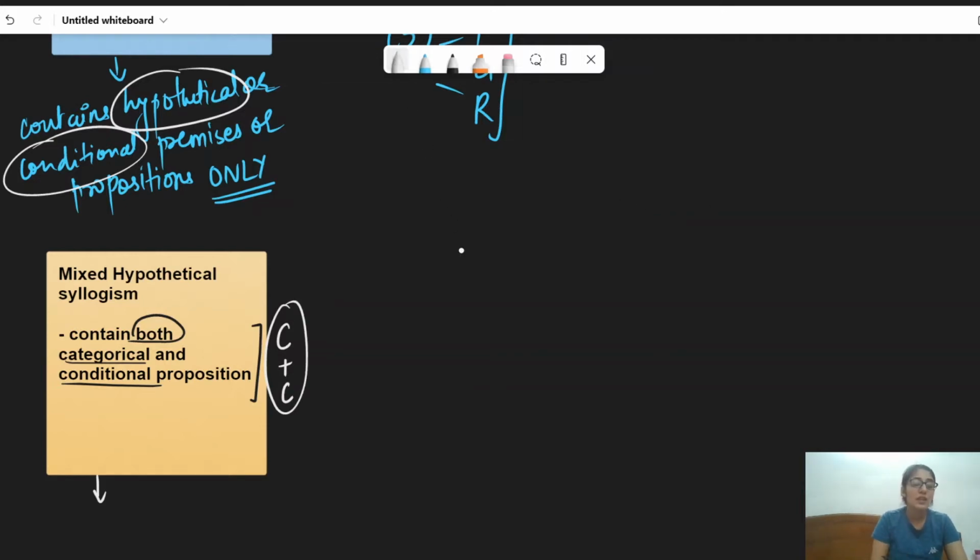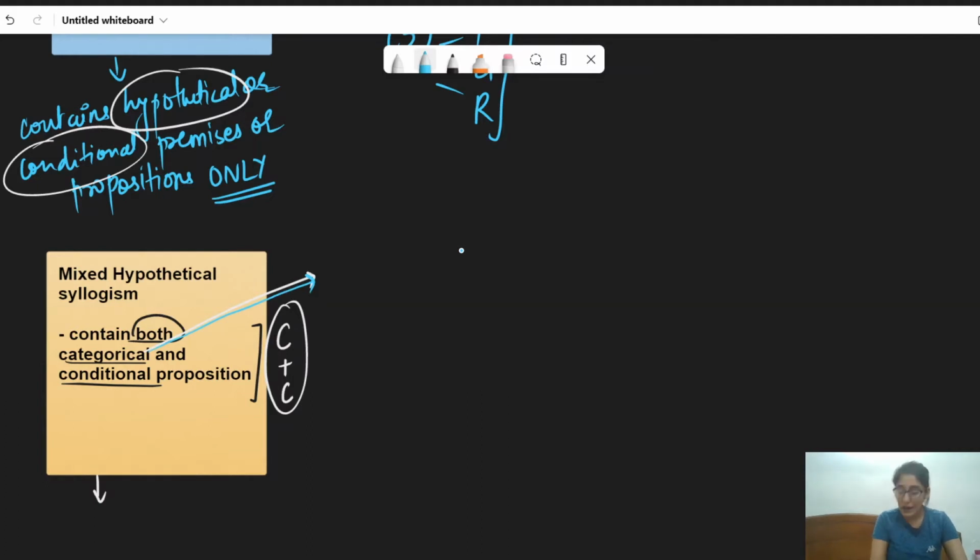Such syllogisms contain both a categorical and a conditional or hypothetical proposition. We've done the definition of a categorical premise when we discussed categorical syllogisms.